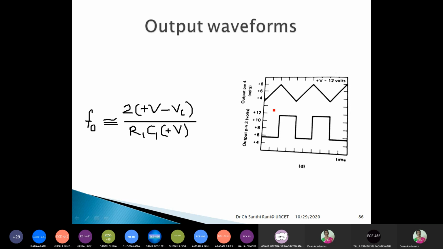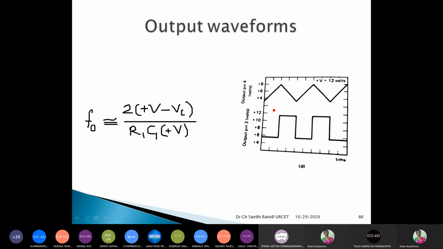To which pin do you apply the input voltage? Please respond in the chat box or unmute and respond.